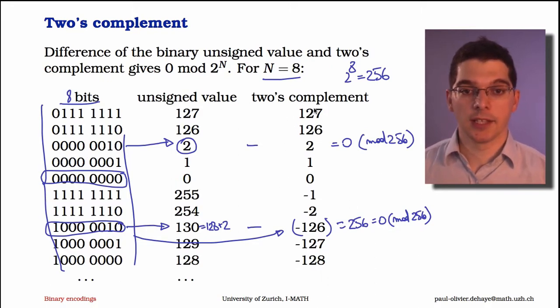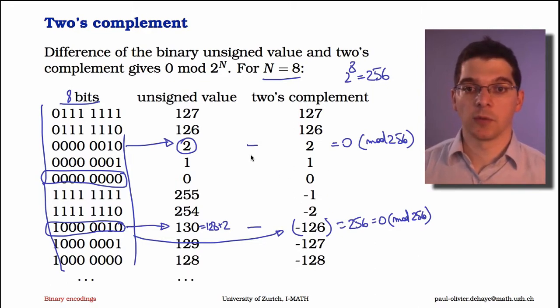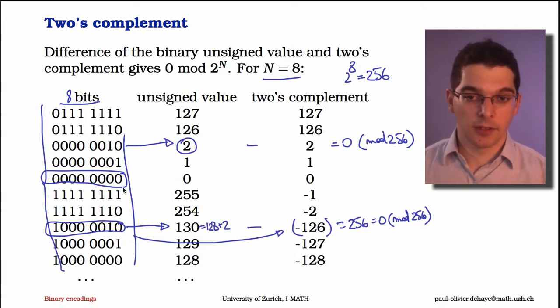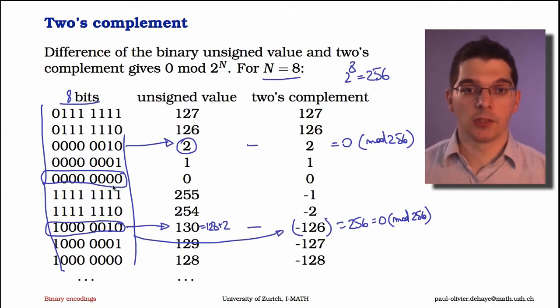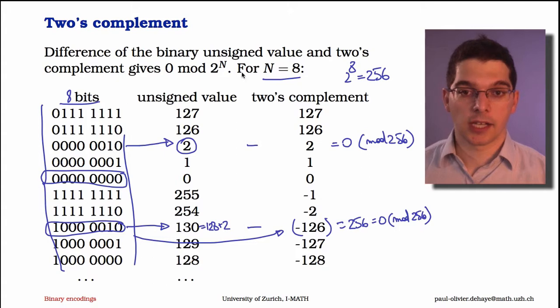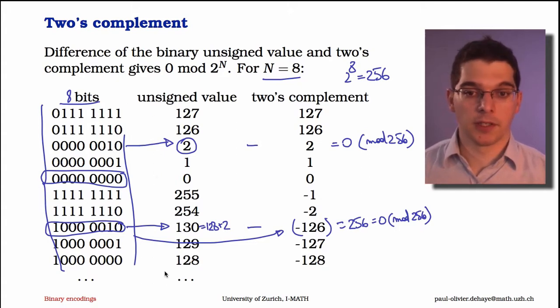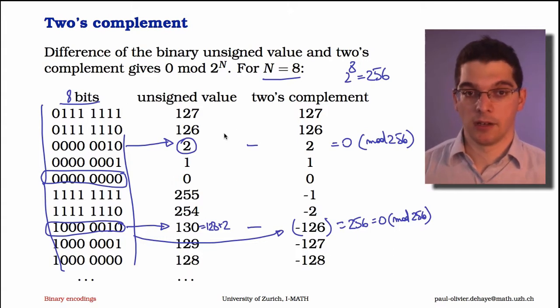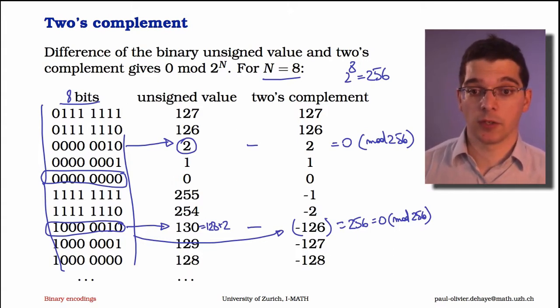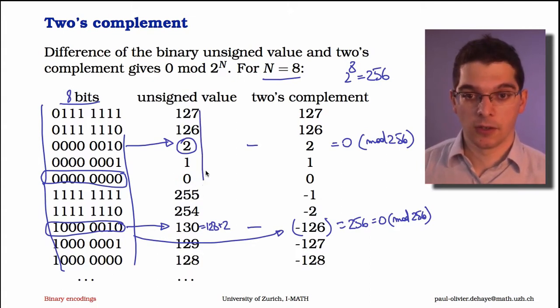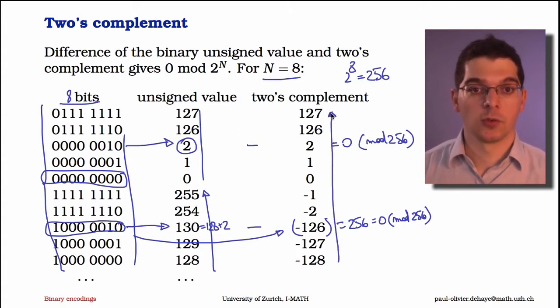So what I mean is that addition in 2's complement works exactly like addition for the unsigned value. The only difference is that we're performing this addition modulo 256, just like here we would be performing the addition modulo 256, but the range of numbers that we allow is a bit different. Here we allow from 0 all the way to 255, while here we only allow from minus 128 to 127.